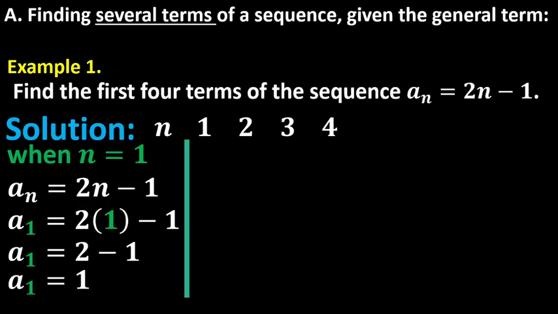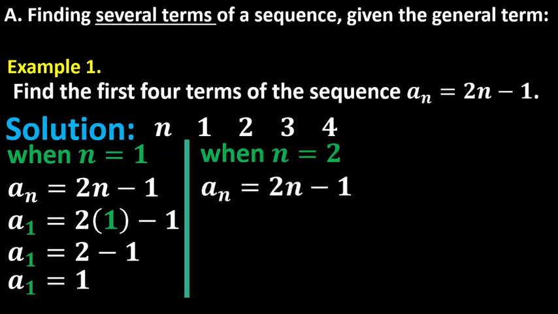Next. You're looking for the second term. So, n is equal to 2. Given the general term, a sub n is equal to 2n minus 1. Again, substitute all the values of n. Lahat ng n, papalitan mo naman ng 2. Kasi hinahanap mo na yung second term. So, a sub n magiging a sub 2.